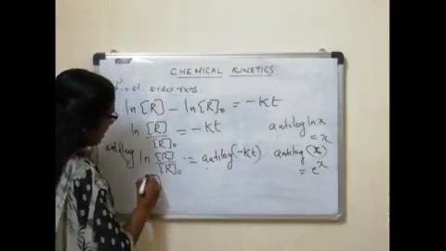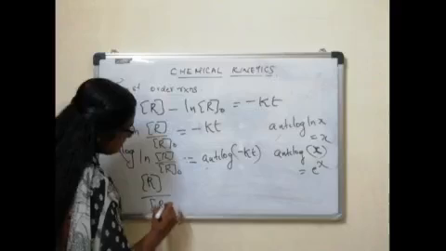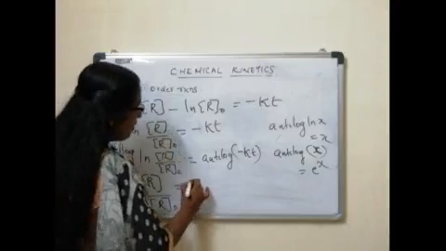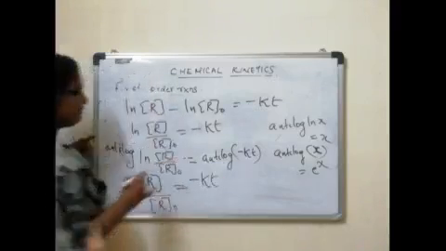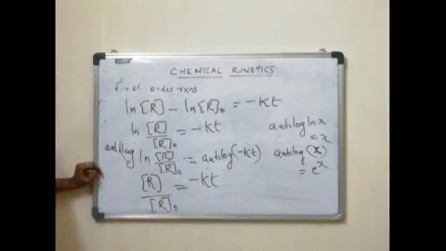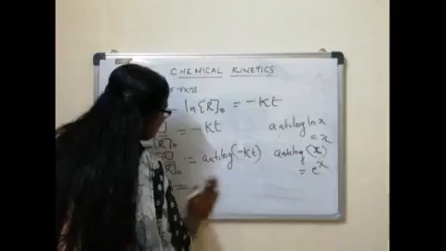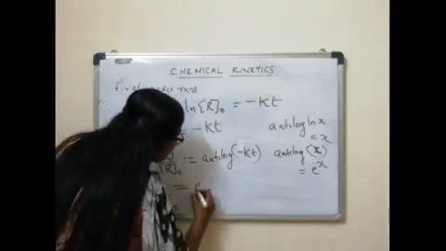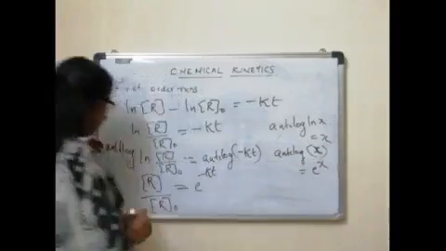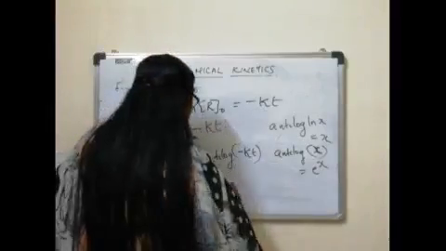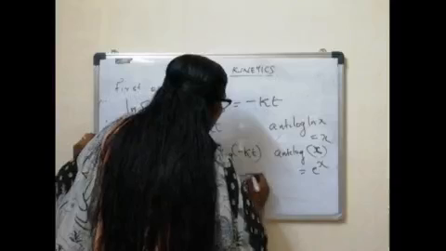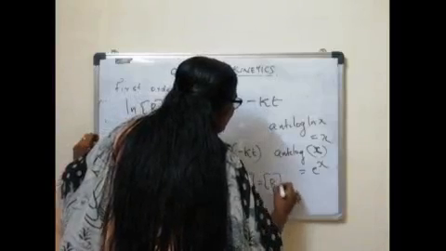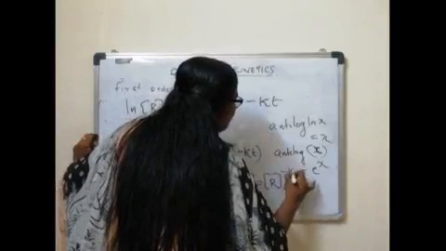You can write R by R0 is equal to minus KT, so R by R0 is equal to e raised to minus KT, or R is equal to R0 e raised to minus KT.